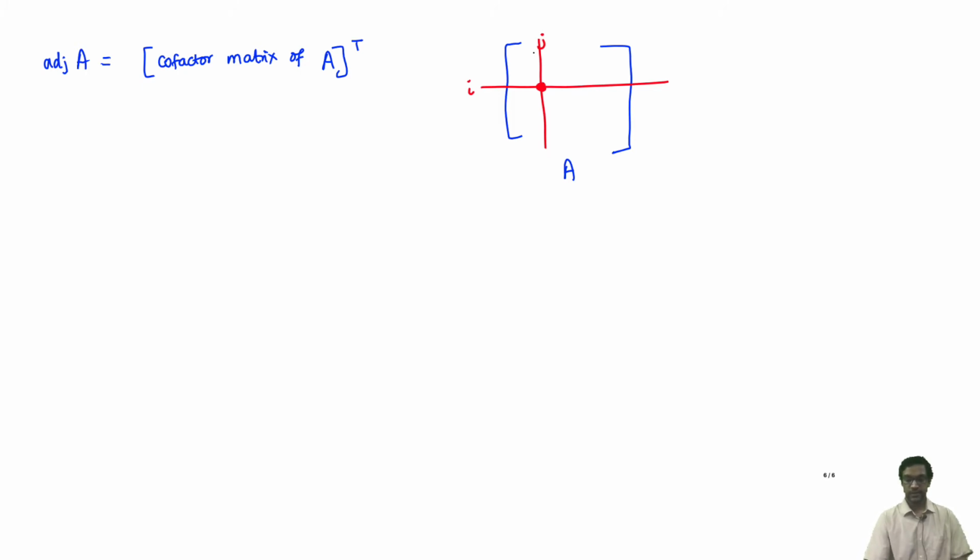So that's exactly the ijth cofactor: the determinant of this matrix in which you delete the ith row and jth column, multiplied by the sign minus 1 to the i plus j.